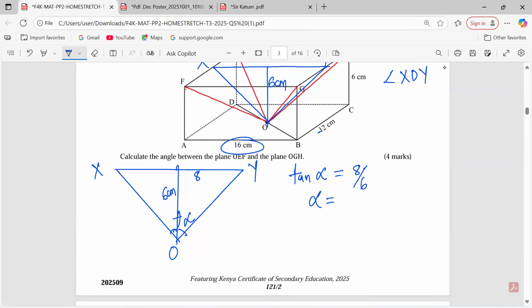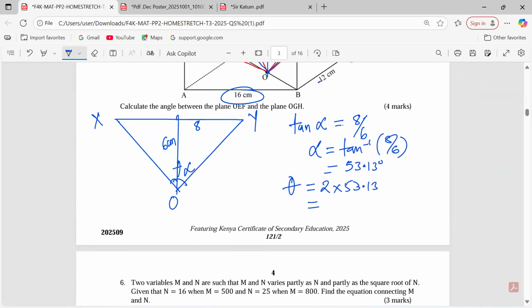So the angle is given by tan inverse of 8 over 6. Shift tan, 8 over 6, giving us 53.13 degrees. Then the whole angle now will be 2 times what we've already come up with. This is going to be 106.23.